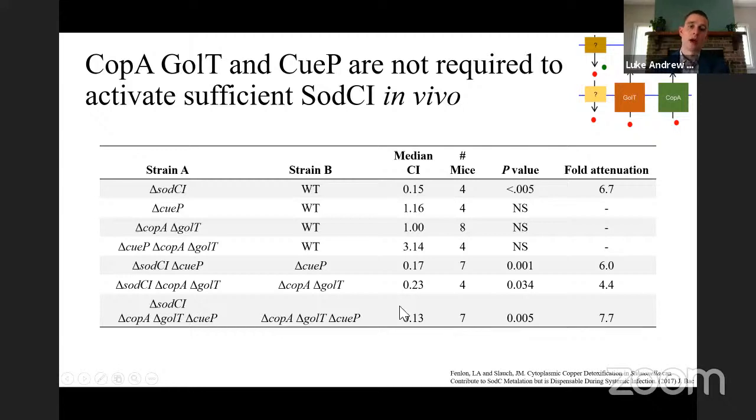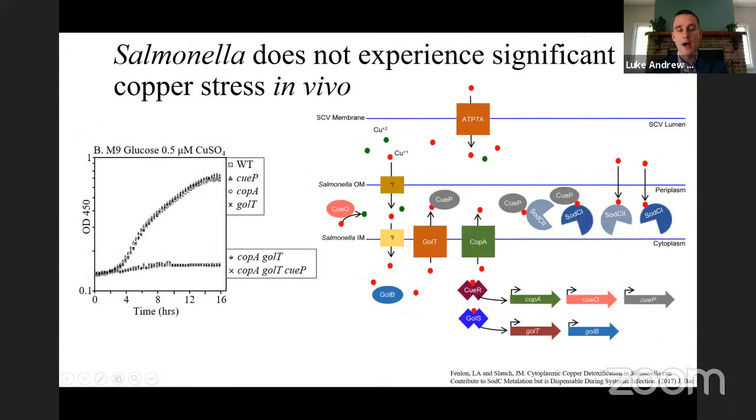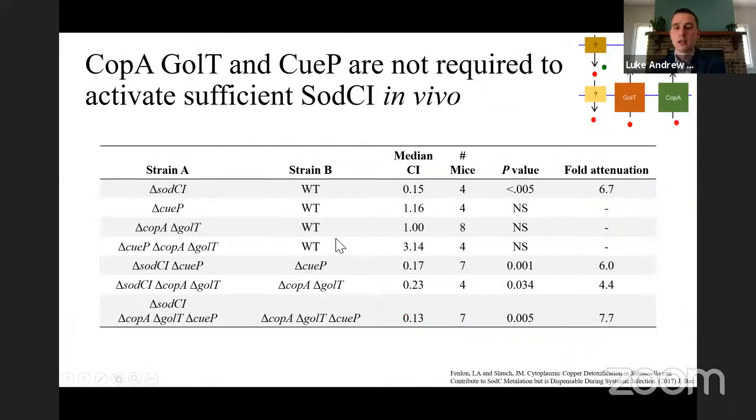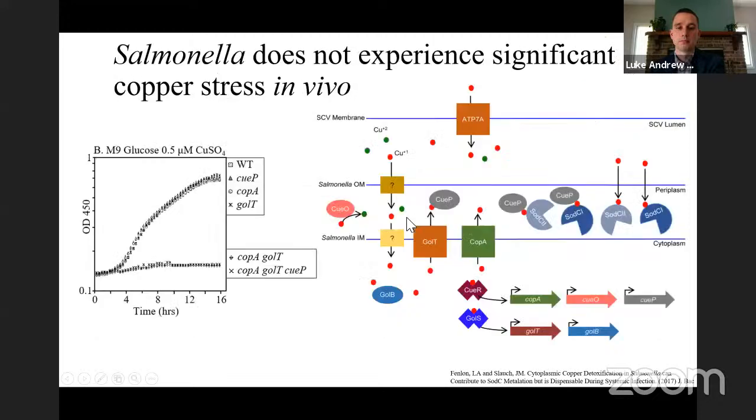Now, I want to go back and talk about one other hypothesis we were able to test with the data that I've presented to you thus far. I need to explain one more thing that I didn't mention initially. This part of the model is the same that I presented to you before, but now I've added the Salmonella containing vacuole membrane. What's interesting is that it's been shown that macrophages, in response to bacterial infection, will induce expression of a transporter, ATP7A.